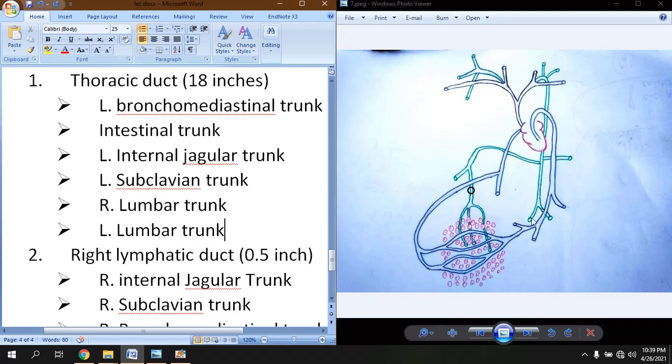This is the right lumbar trunk and this is the left lumbar trunk. All of these combined together to make what? To make the thoracic duct. And similarly, these 3 trunks combined together to make the right lymphatic duct.